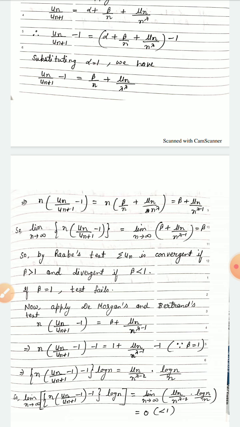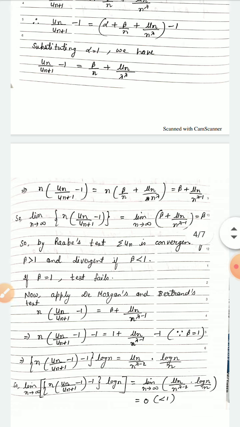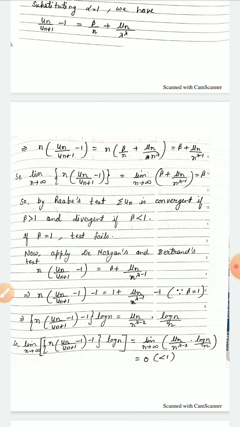Now applying limit as n tending to infinity both sides, limit n tending to infinity n into un by un plus 1 minus 1 is equal to limit n tending to infinity beta plus mu n by n to the power lambda minus 1. So we will get beta on the right hand side, and hence by Raabe's test, summation un is convergent if beta is greater than 1 and divergent if beta is less than 1. And if beta is equal to 1, then Raabe's test fails.